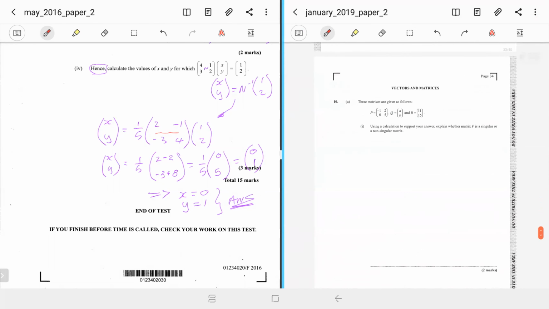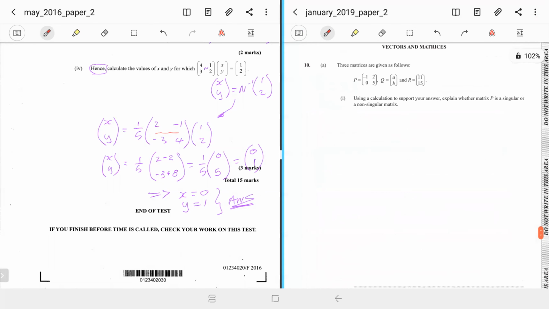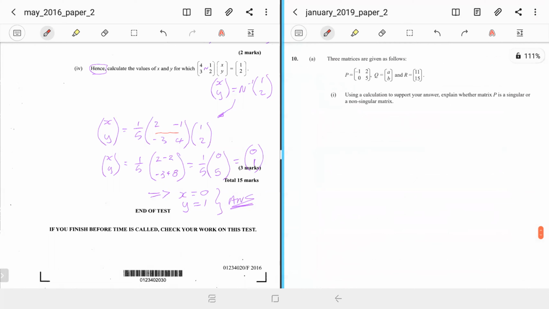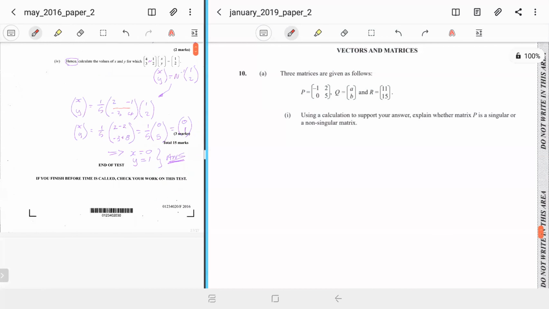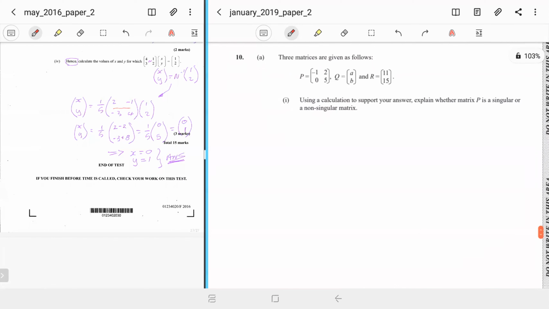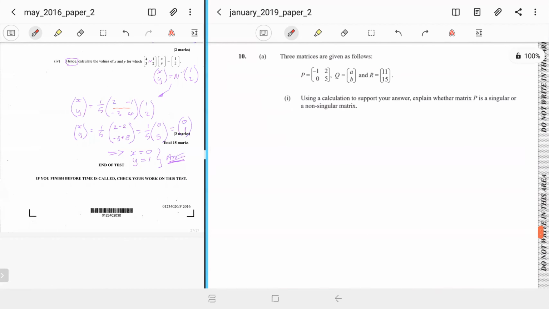Right, here's a matrices question right there. 3 matrices are given by that. P is that one, Q is that one, and R is that one. 3 matrices.